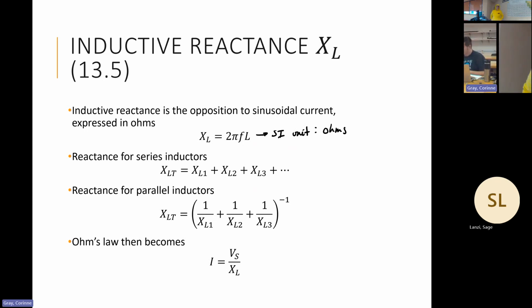So Ohm's law looks a little bit different now. It's XL instead of R when we have our inductors this way. Any questions before we go through and try our example?